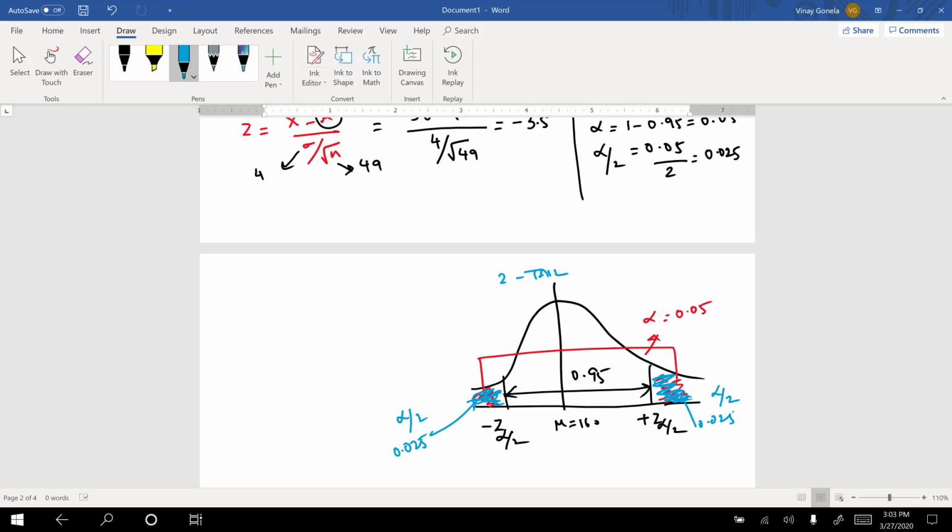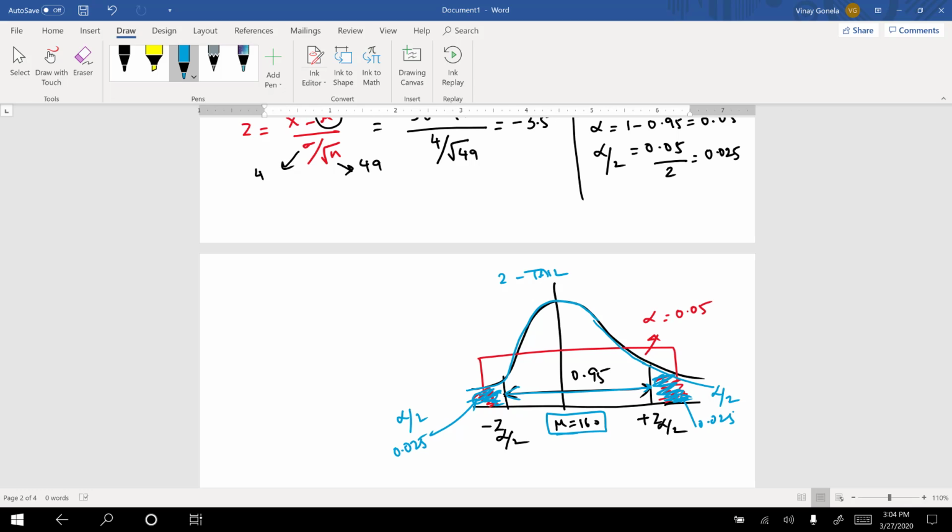So mu 160, this curve actually represents what the president is claiming. So when we say 95% confidence, that means it should be around what the president is claiming.